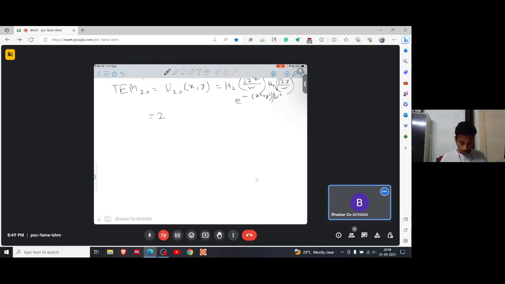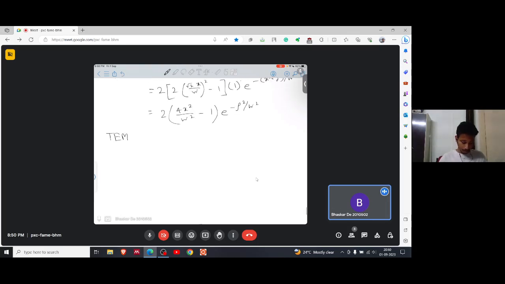So this will be 2, 2 root 2x/W whole square minus 1, then 1, then e to the power minus (x square plus y square)/W square. So 2, 4 x square minus W square minus 1 minus rho square/W square.